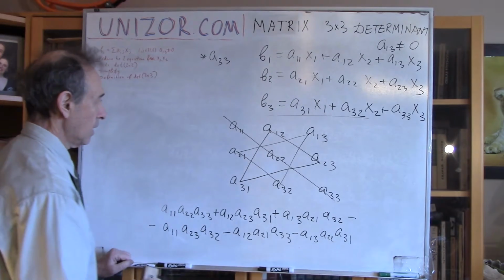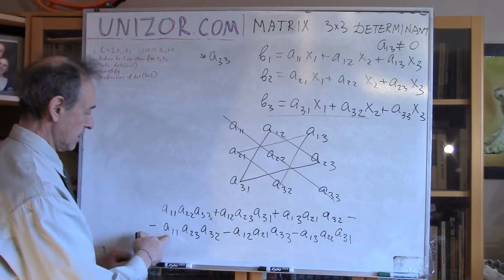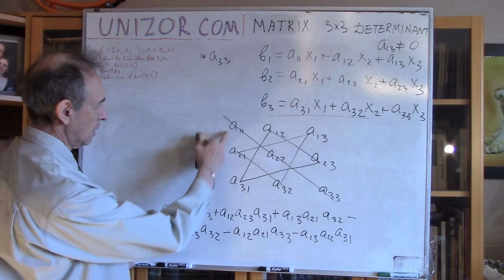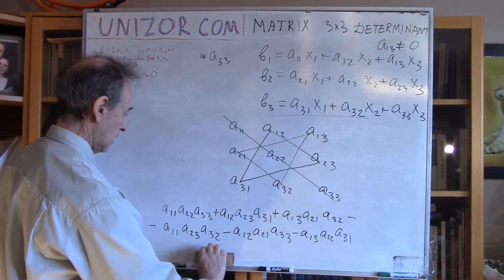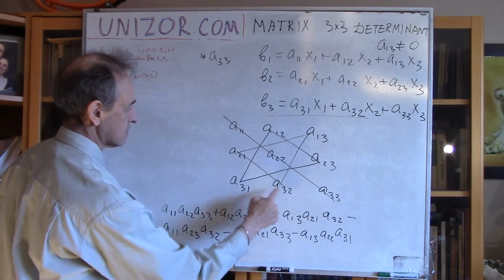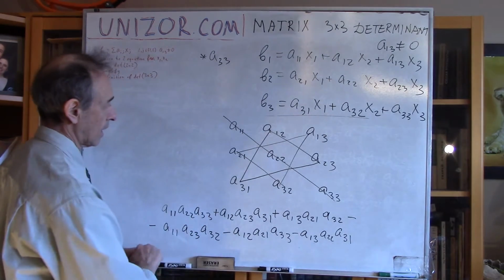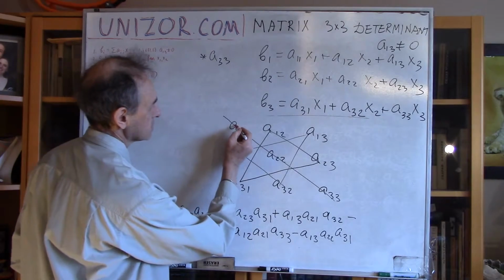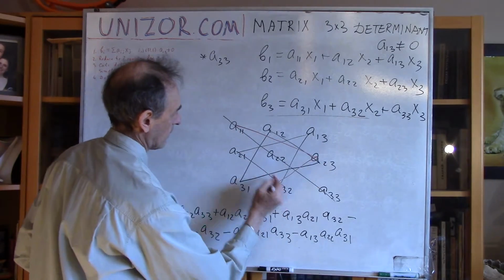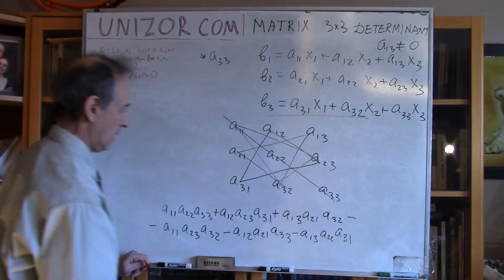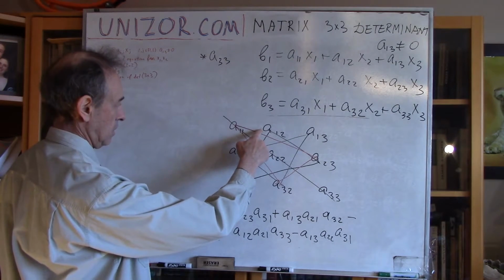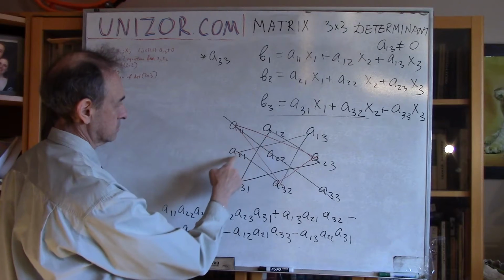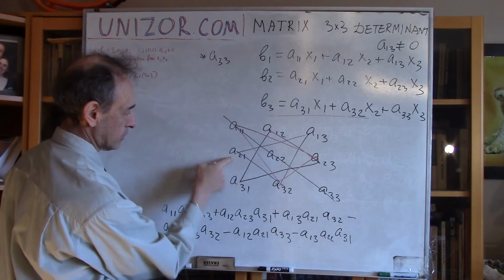Okay, we start with this. Now it's A11, A23, which is this one, and A32, which is this one, right? Okay, I have the red one. So it's this triangle. 1,2, 2,1, and 3,3.